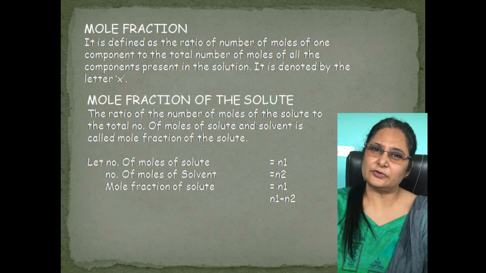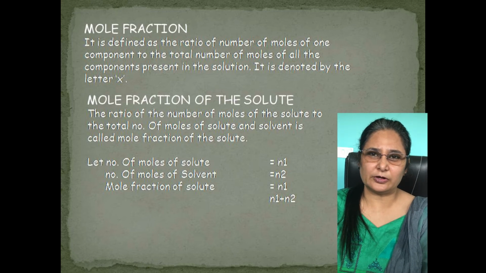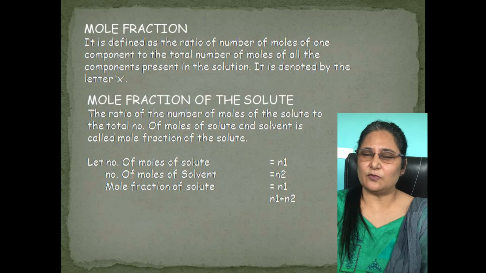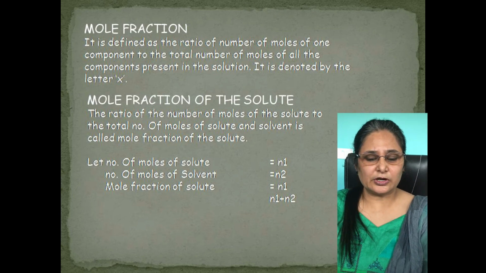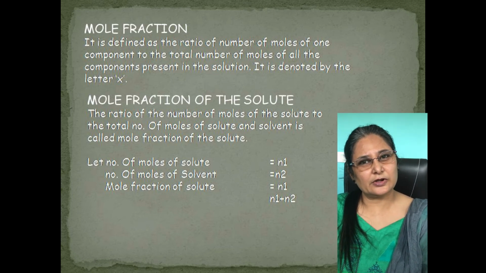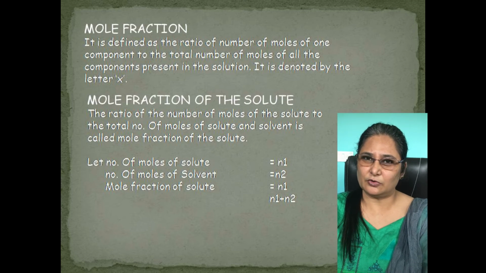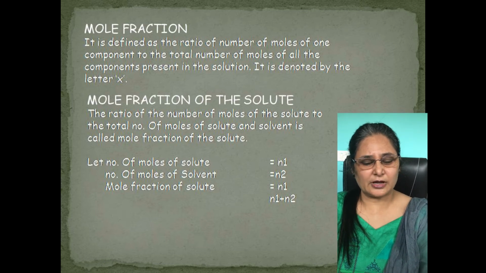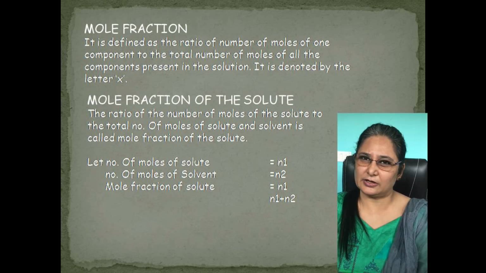Now, mole fraction of the solute. How will you determine the mole fraction of the solute? The ratio of the number of moles of solute to the total number of moles of solute and solvent is called the mole fraction of the solute. Let the number of moles of solute be N1 and the number of moles of solvent be N2.